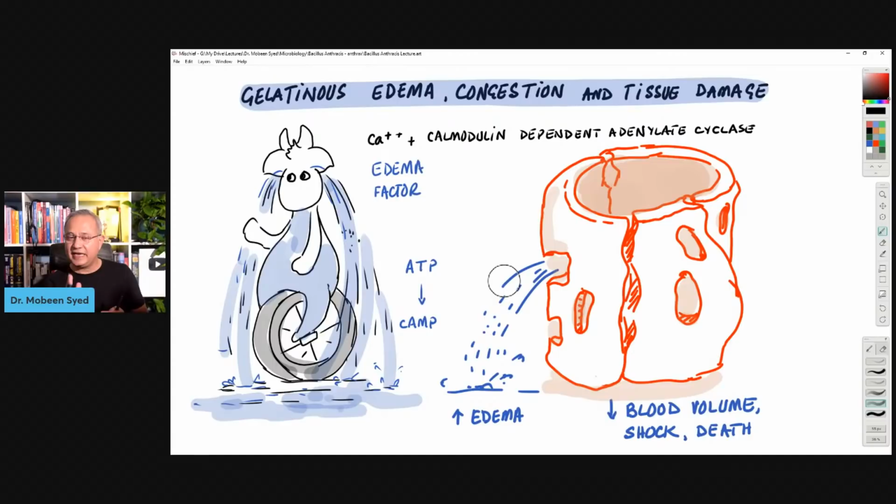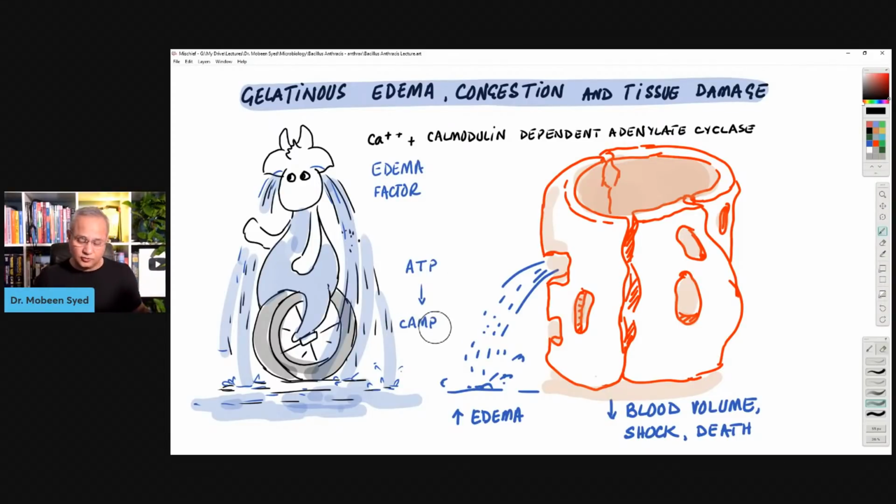It would take ATP and convert that into cyclic AMP. So one, the cell is now low on ATP. Number two, cyclic AMP has a number of functions that would cause the cell to become disturbed in its activities. So edema factor is a calcium calmodulin dependent adenylate cyclase enzyme. It goes into our cell, it makes more cyclic AMP.